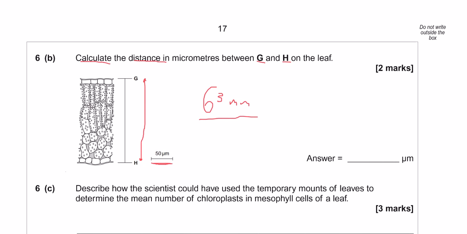So we can then divide it by that, which I measured out as 16 millimeters. So 63 divided by 16 equals 4. So that's 4 times 50, because we know that distance there. 4 times 50 is 200 micrometers.